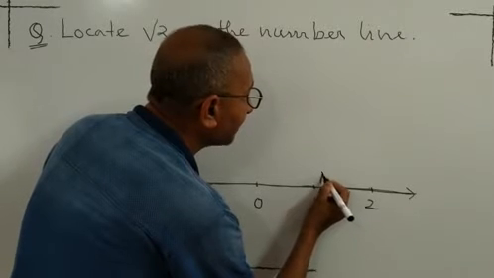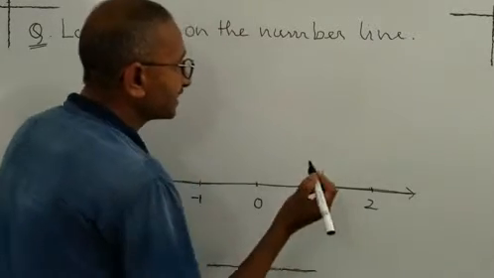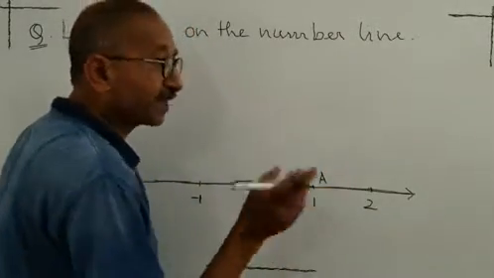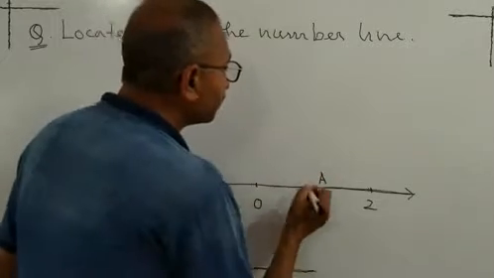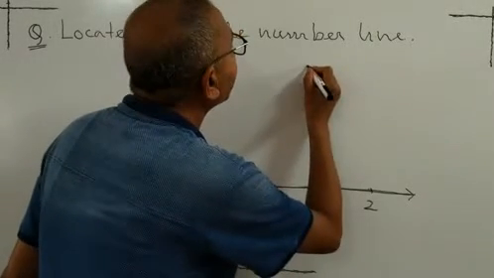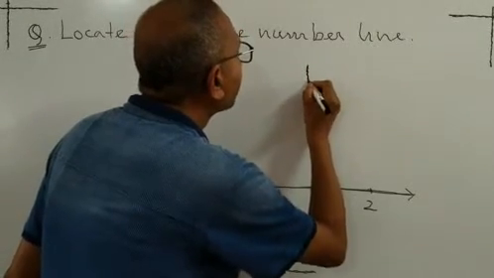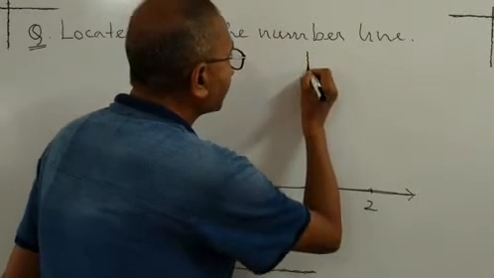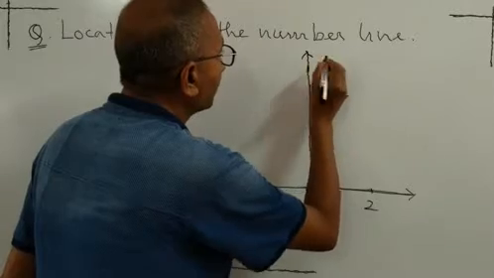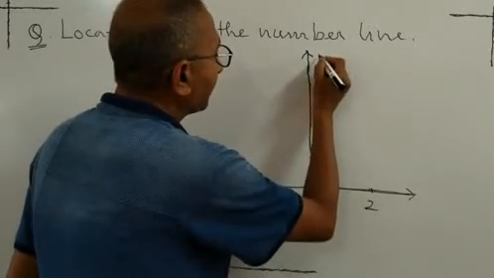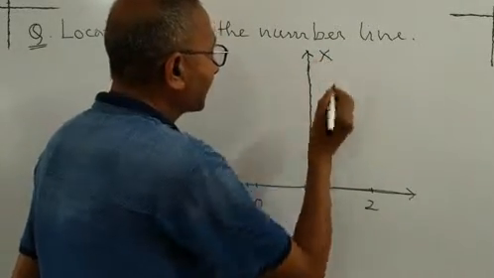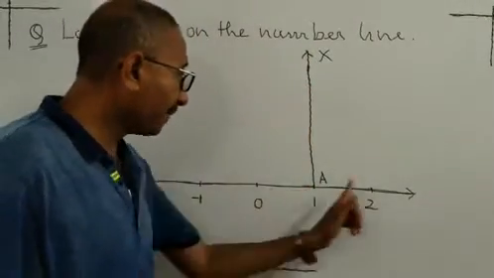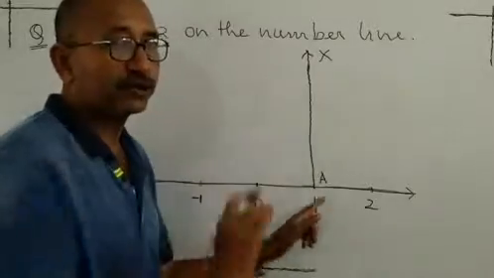This point I am representing by A. Now use a protector and draw a perpendicular line here, say AX. That means I have drawn a line perpendicular to the number line at point A using a protector.